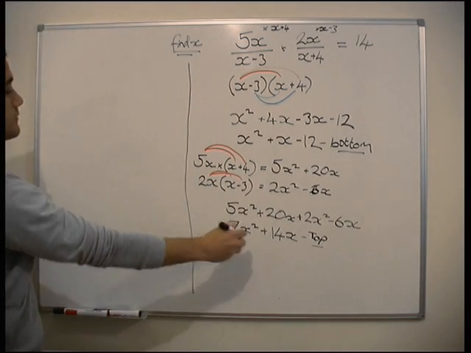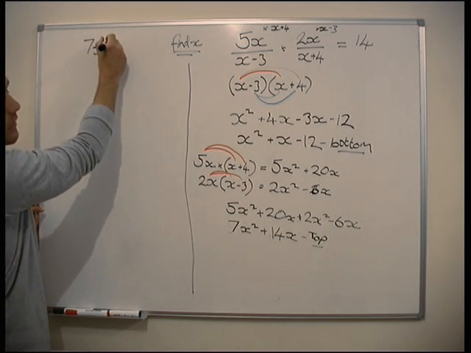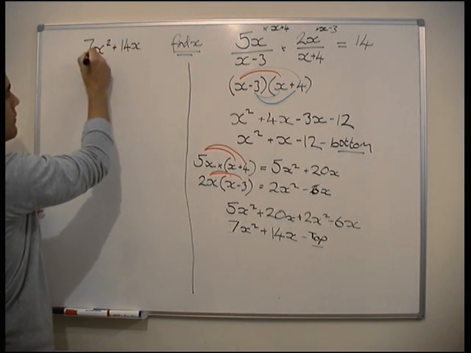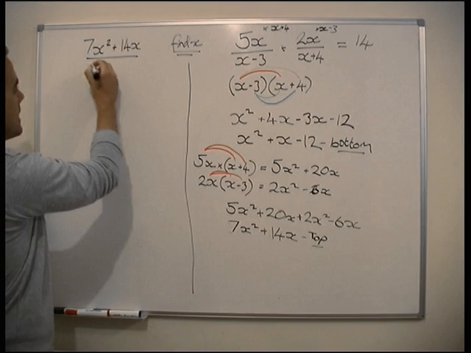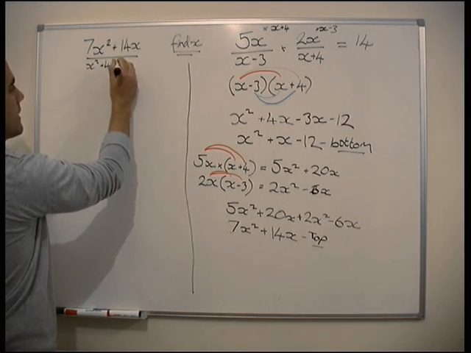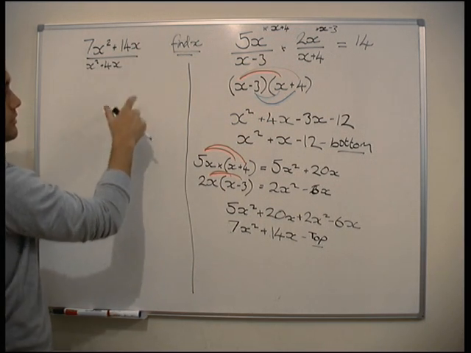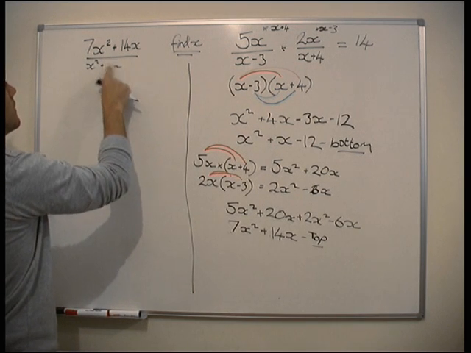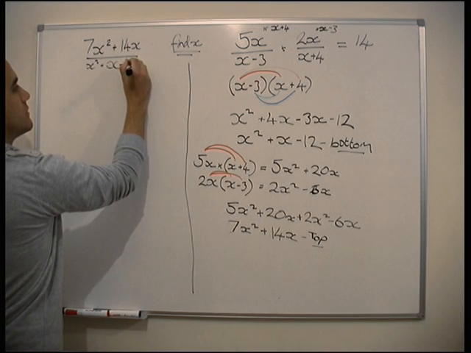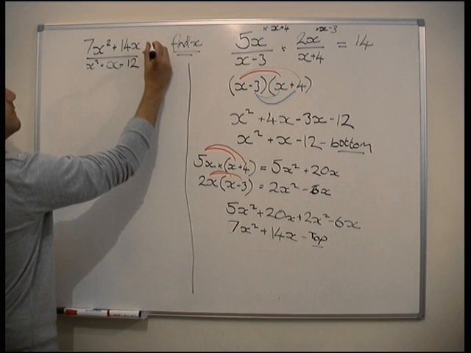Right, so let's write our fraction out: 7x squared plus 14x, all divided by x squared plus 4x. No, I'm looking at this, aren't I? Plus x minus 12. Okay, and that's all got to equal 14.